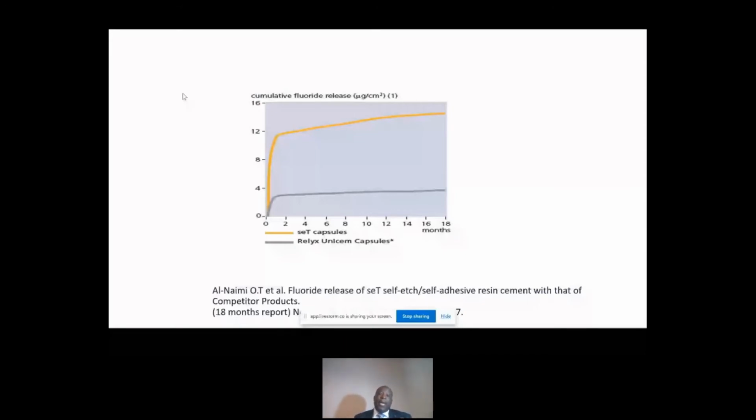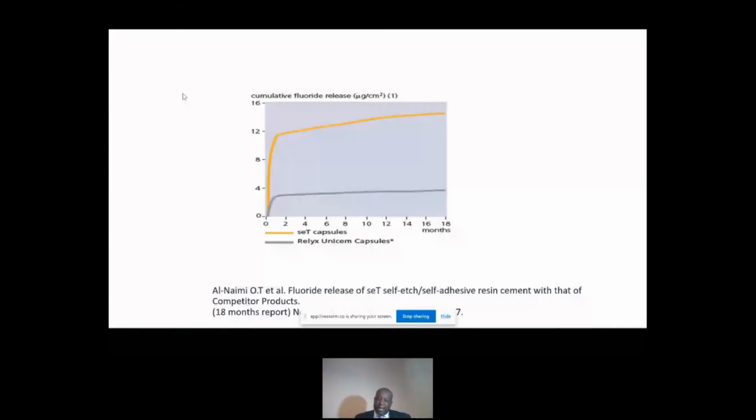Talking about the UK, and we will have to ask Tanya about this, there is a very, very big difference in price between 3M Unisem Reliax and SET, SDI's product. SET is about 30% cheaper, and they have very similar properties.